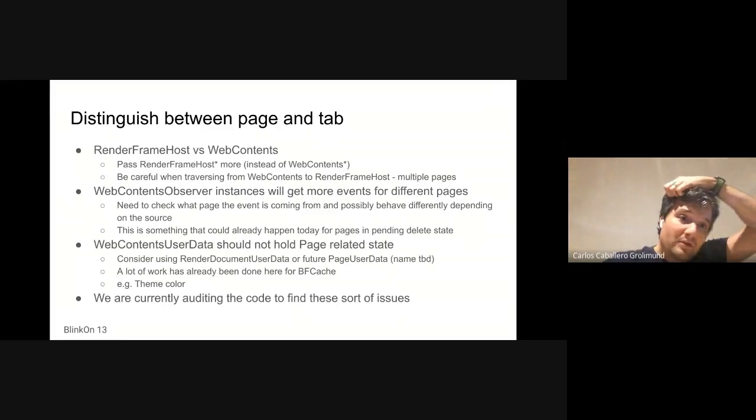Another big thing is WebContents user data. We've been working a lot on this in bfcache, but basically we've seen a lot of code store page-related state in WebContents user data, again because they were assuming there's only one page in the WebContents, so they could just store their state there. An example I actually worked on was the theme color. Theme color used to be stored in WebContents user data, so when the page loaded, the page would say my theme color is green and would store that in the WebContents user data.